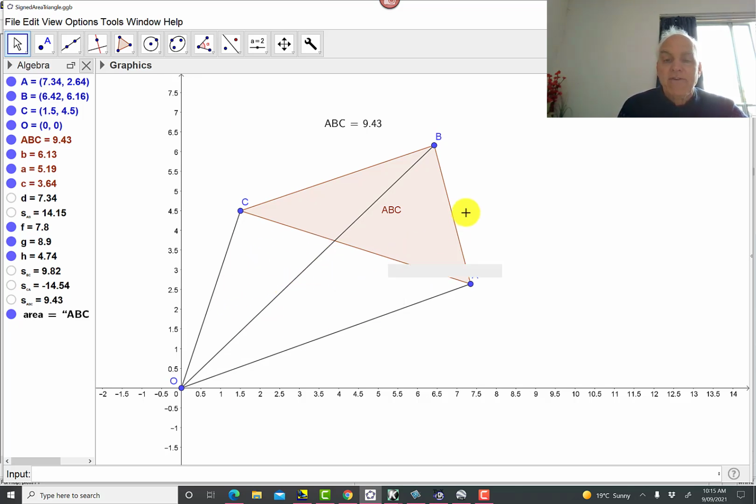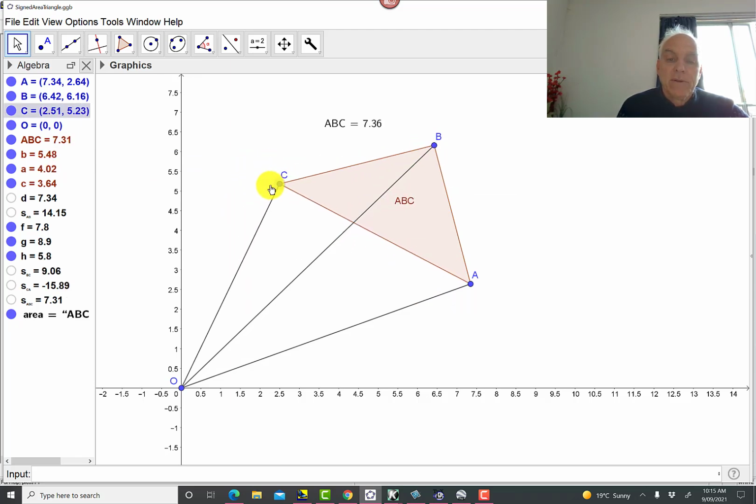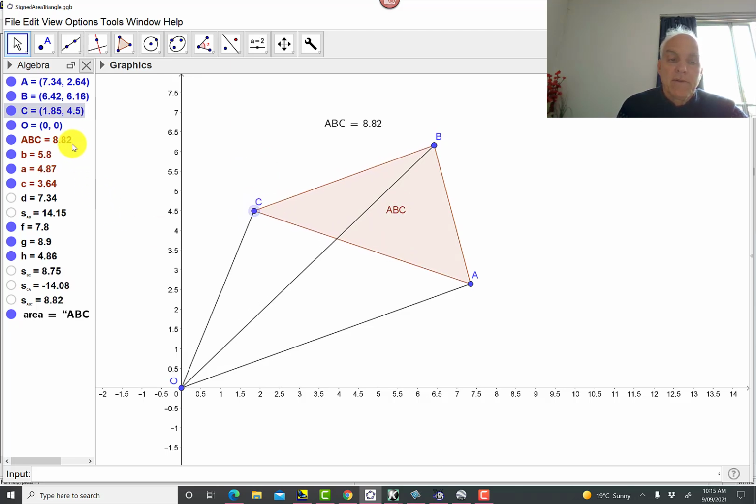The net effect is that we get the signed area of the triangle ABC, and that's 9.43, the same as what GeoGebra calculates for the polygonal area. Of course, it doesn't depend on it if we move things around. This value is still the sum of these three signed areas.